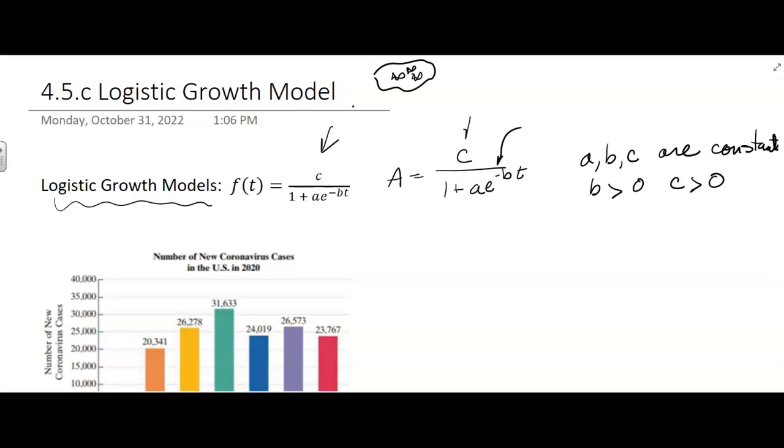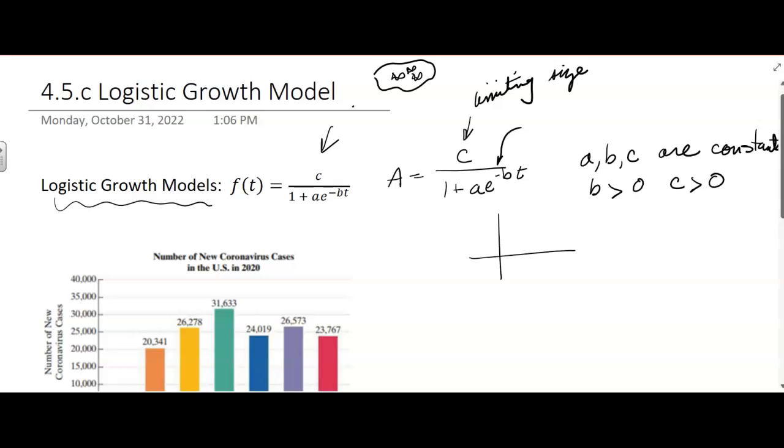They call c the limiting size. So it's like the maximum you could have. Say you're tracking cases of the flu in a closed-off community of only 100 people. Well, then at most, you can only get 100 cases of the flu, right? So that's the limiting size.